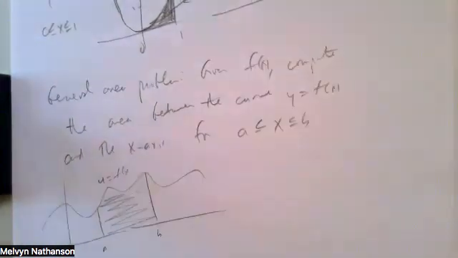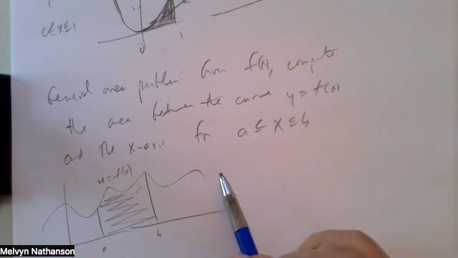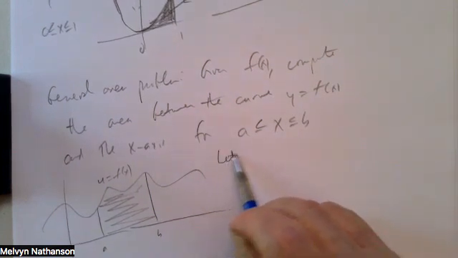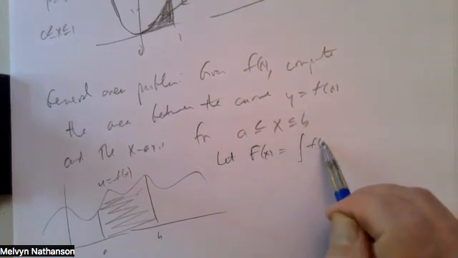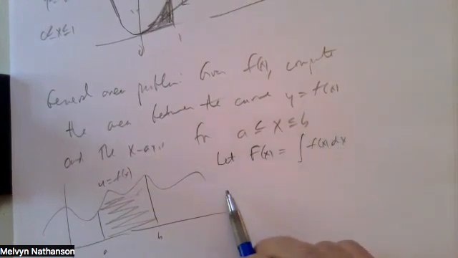So I'm going to talk about this in much more detail next week, but just so you're familiar with the end of the process, that is the answer. The answer is the following, and it's quite beautiful. Suppose we let capital F of x be the integral of f of x dx.